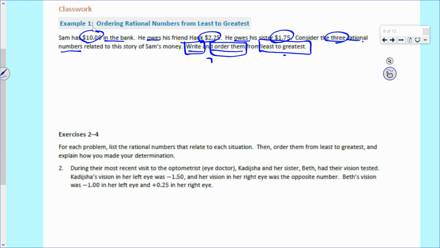If I have $10 in the bank, what integer would represent that? 10. So that's just $10. What integer would show that he owes his friend $2.25? It says Sam. So he owes his friend $2.25.